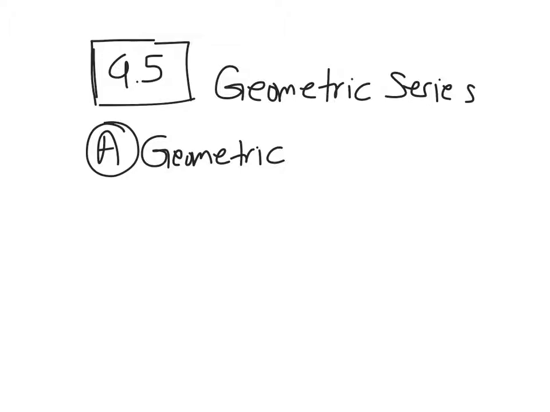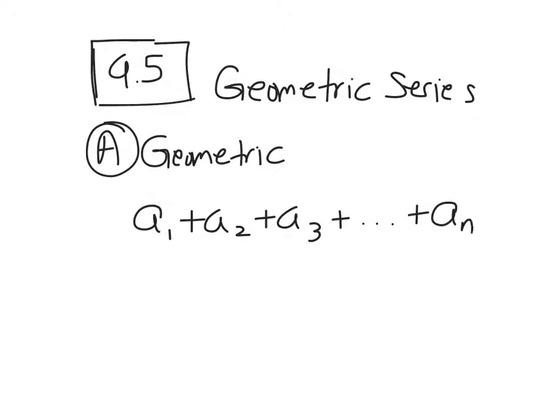They're up here. I'm going to show you what the difference is for the two of them. If you have a sub 1 plus a sub 2 plus a sub 3 all the way to a final term, that is a finite series. And let's say that this is a finite geometric series.